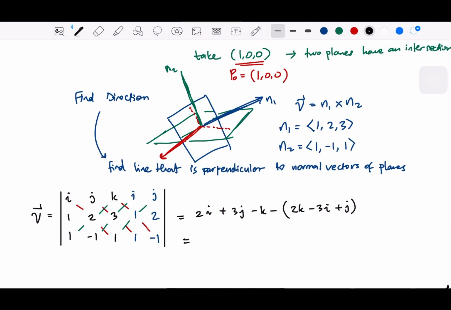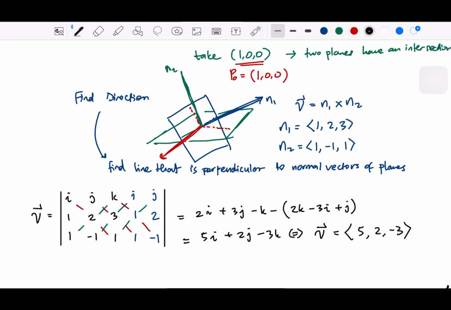So this is 5i plus 2j minus 3k, or we can write the vector v as 5, 2, and negative 3.